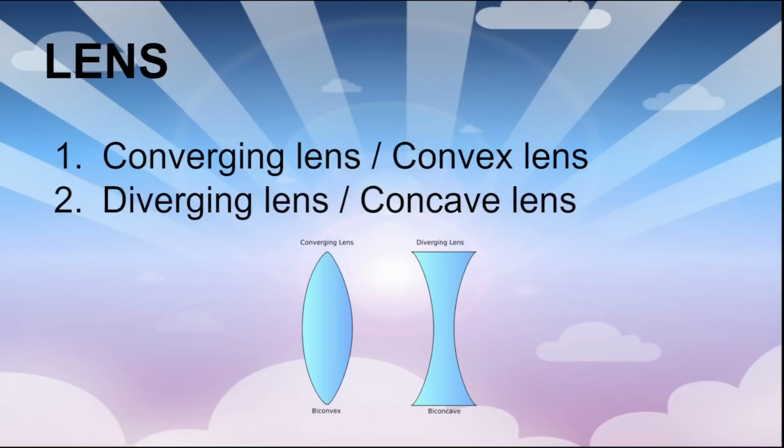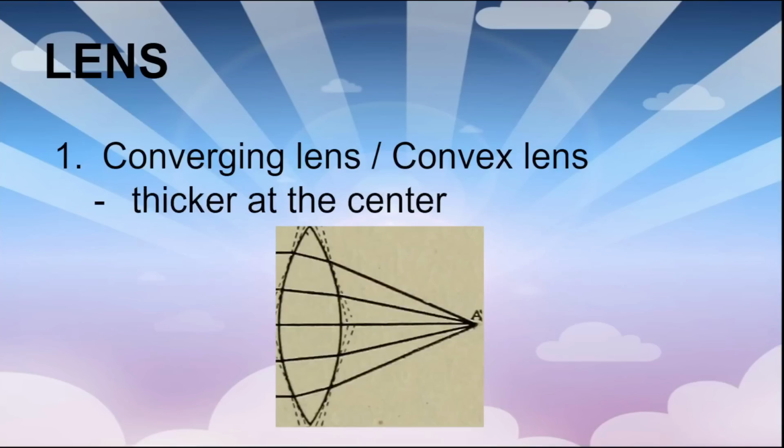Okay? So dito sa baba makikita natin yung itsura ng isang converging lens at ng isang diverging lens. So makikita natin yung converging lens, thicker siya at the center. Okay? And it is called converging because it converges the light rays towards the focus.